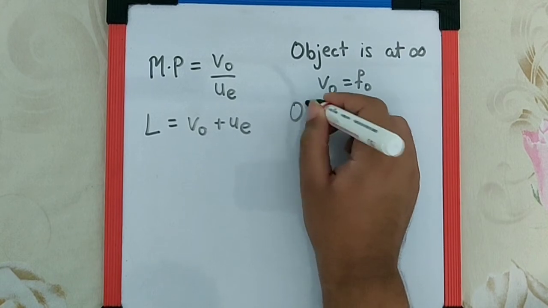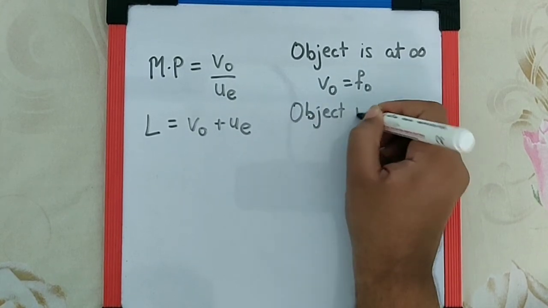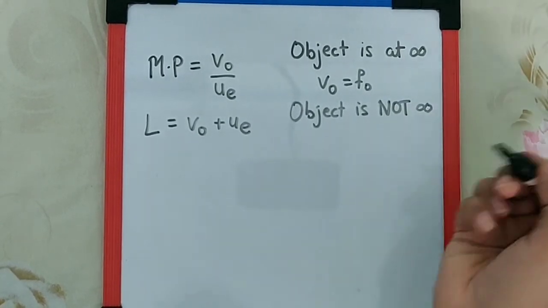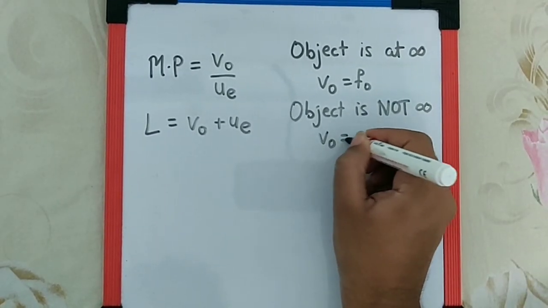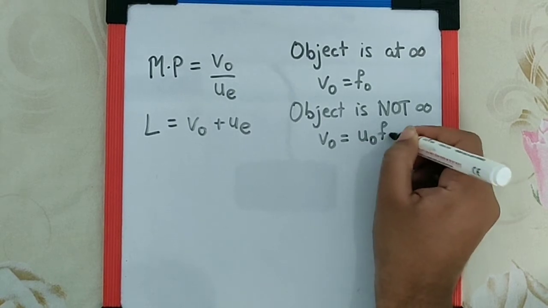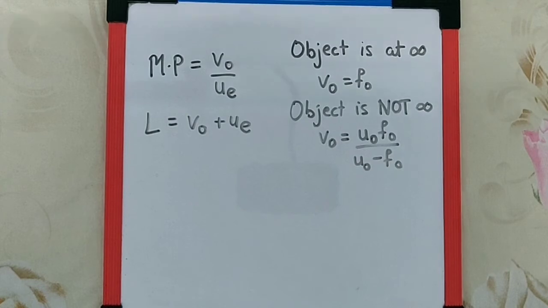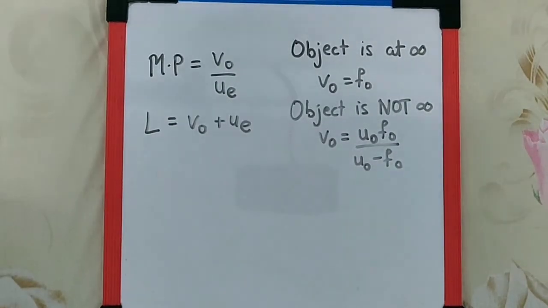And if object is not at infinity, in that case we got the formula for VO as UOFO upon UO minus FO, where the sign convention has already been used, so you need not use it another time.